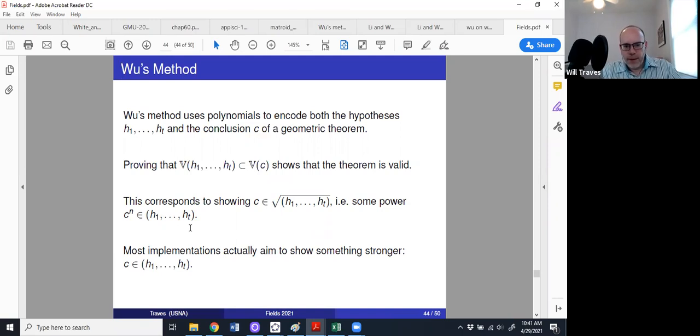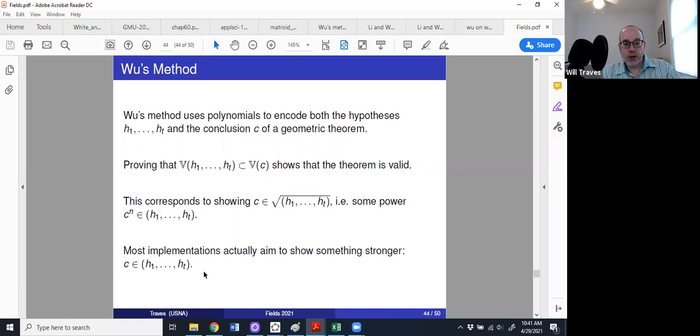And in my reading of Wu's method, people don't actually use this power. I've not seen anyone use this radical. Instead, they aim to show that C itself is in the ideal generated by the hypothesis polynomials.